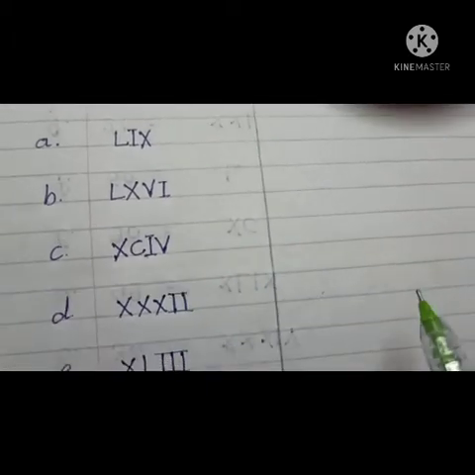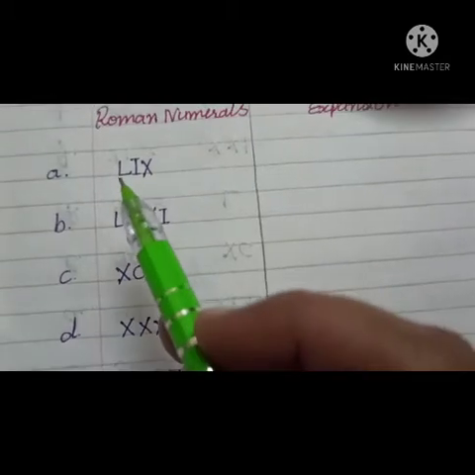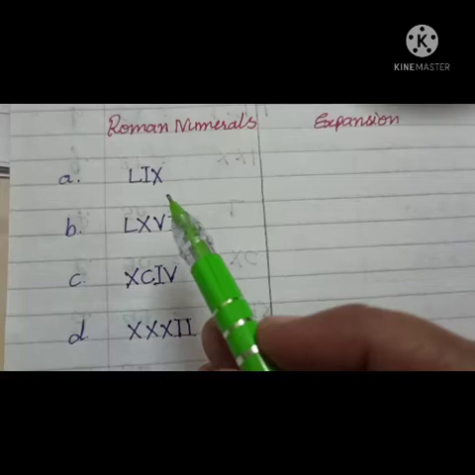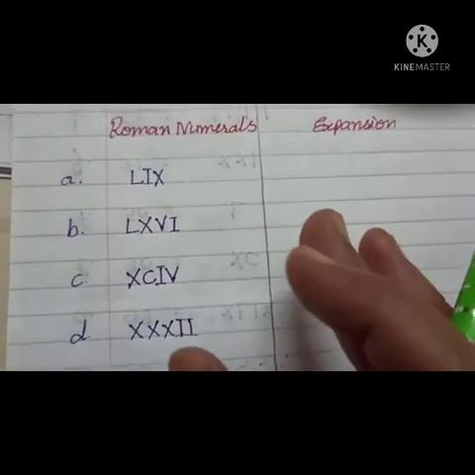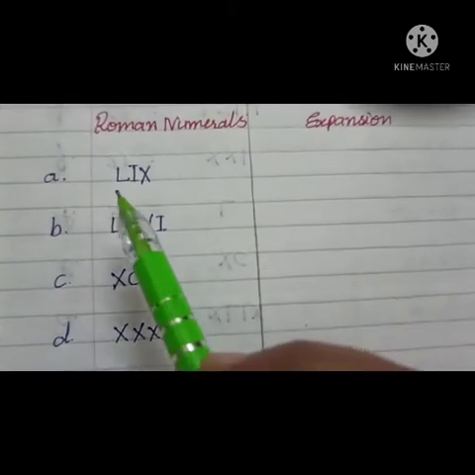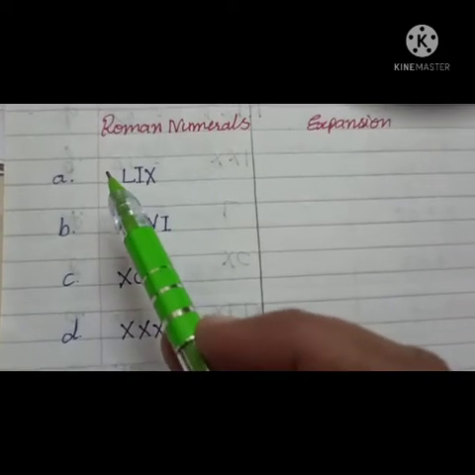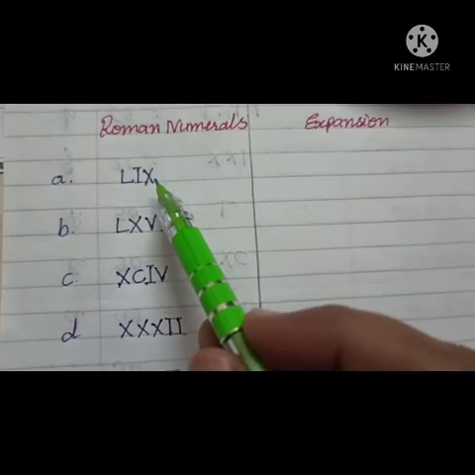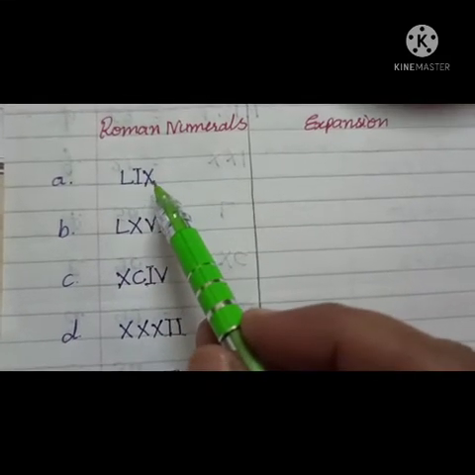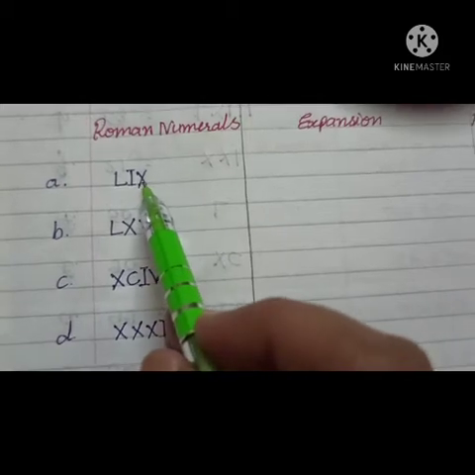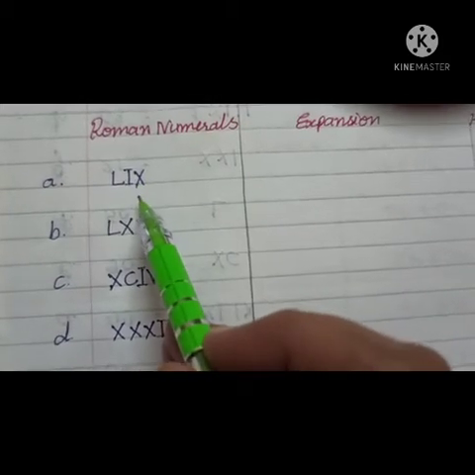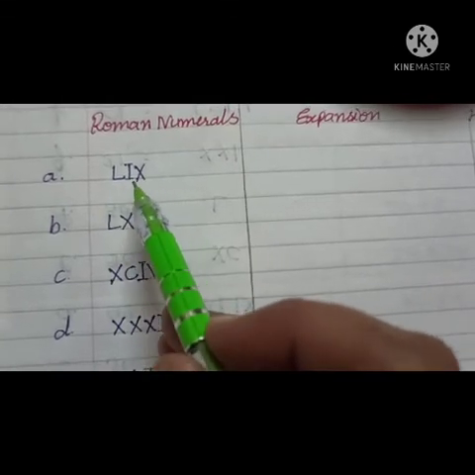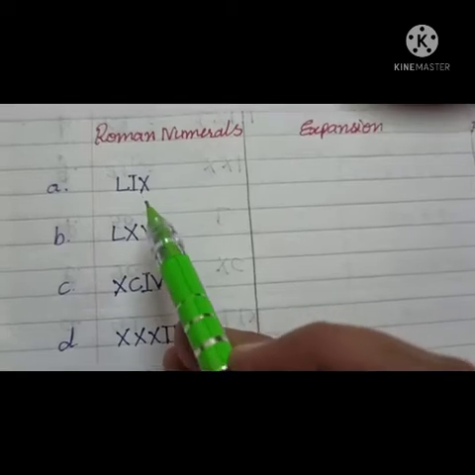The first example given is LIX. You immediately go back to the table. The value of L is 50. The value of IX is 9. How? Because X is a value of 10 and I is a value of 1. 10 minus 1, that means 9.